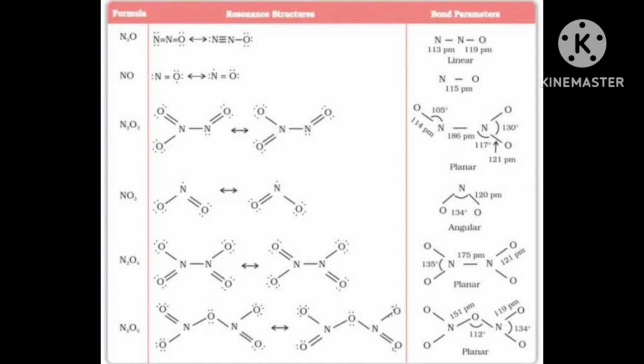This bond angle is 135 degrees. Okay, and what is the NN bond? The NN bond is 175 picometer. And the other nitrogen, the second nitrogen, also makes an ONO angle, and its value is 121.